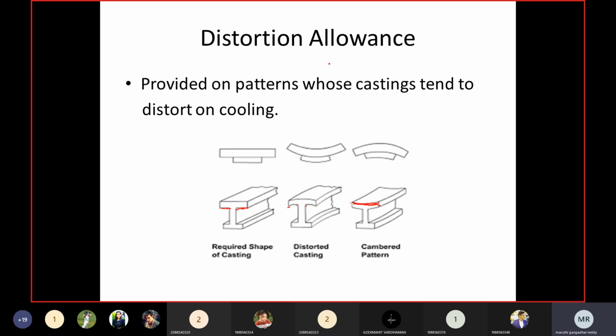This is called distortion allowance. This type of allowance is provided on castings only if they are distorted during cooling, especially U-shaped, V-shaped, I-shaped and T-shaped castings.